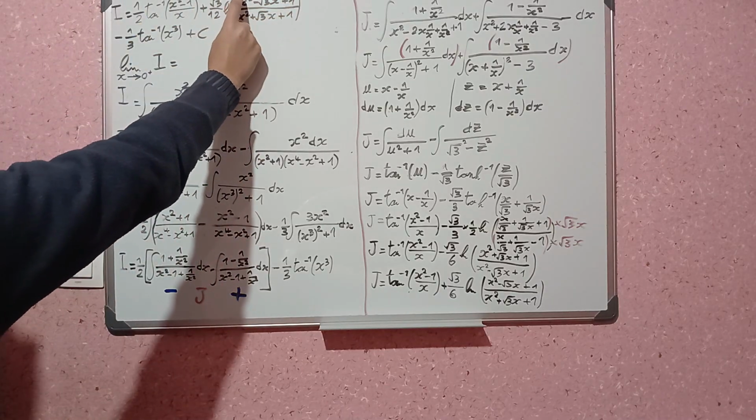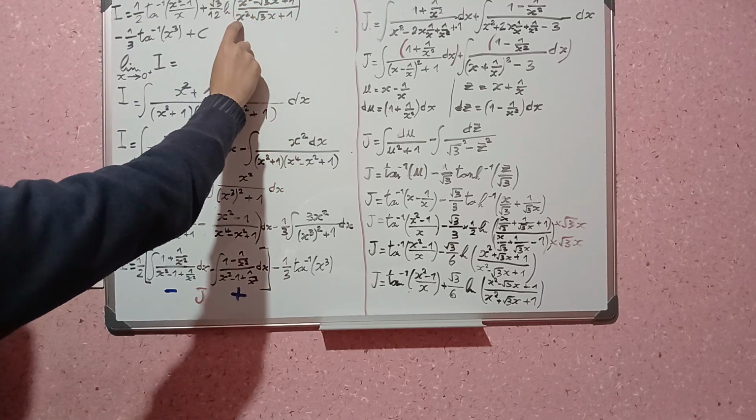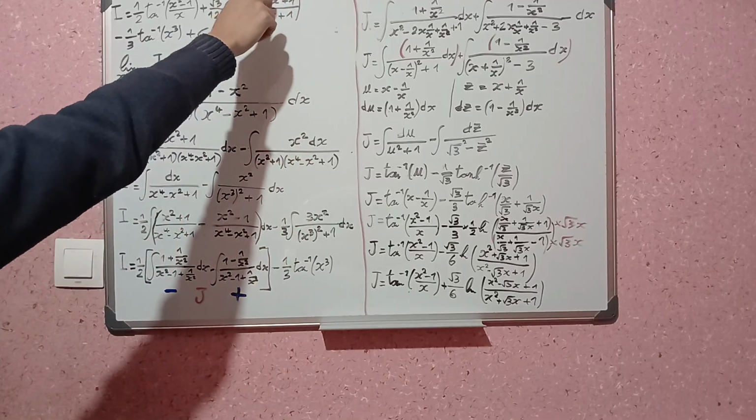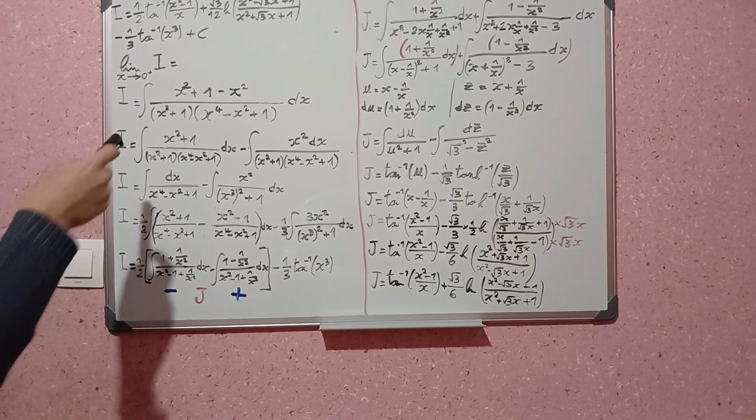Same for this, 0 minus 0 plus 1, just plus 1, 0 plus 0 plus 1 is just 1, so 1 over 1 is just 1, ln 1 is 0.